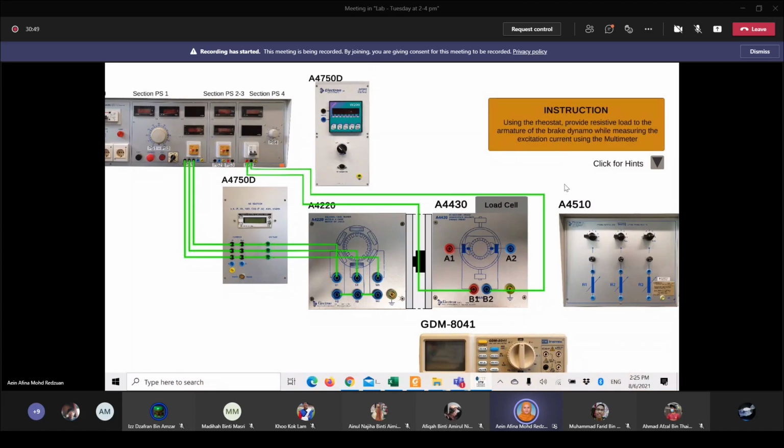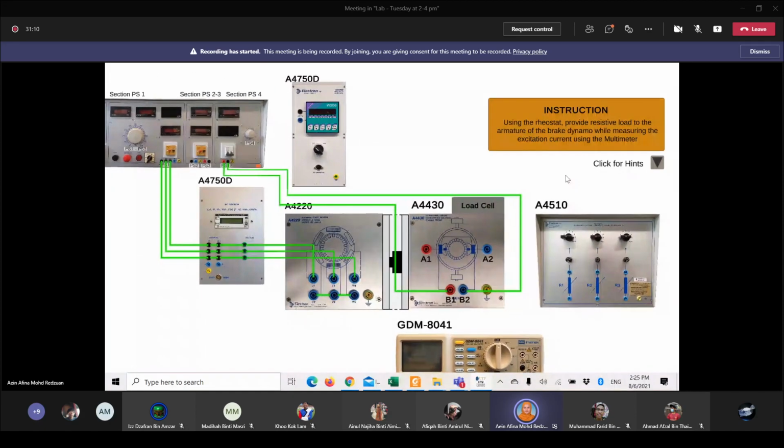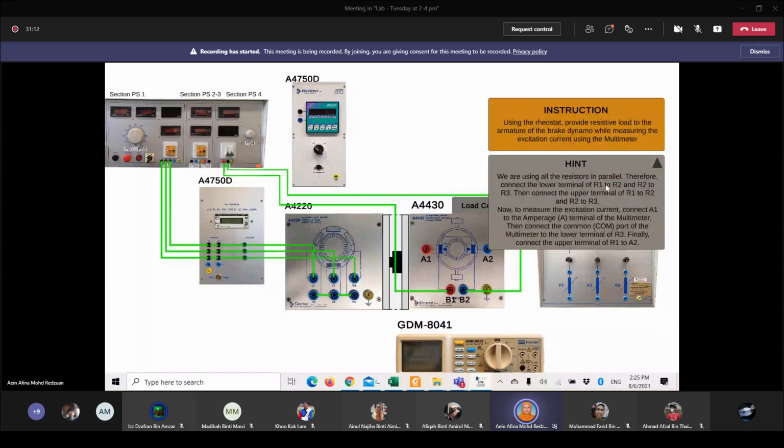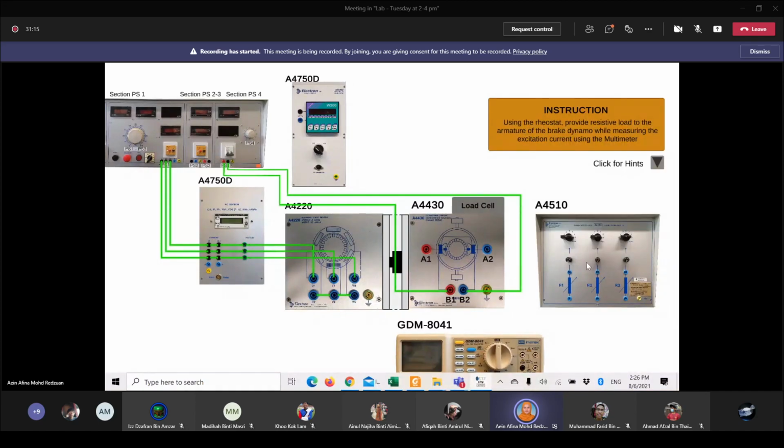After connecting the brake dynamo, we need to connect the circuit with the rheostat. Using the rheostat, provide the resistive load to the armature of the brake dynamo while measuring the excitation current using the multimeter. You can click for hints. First, make the rheostat parallel.